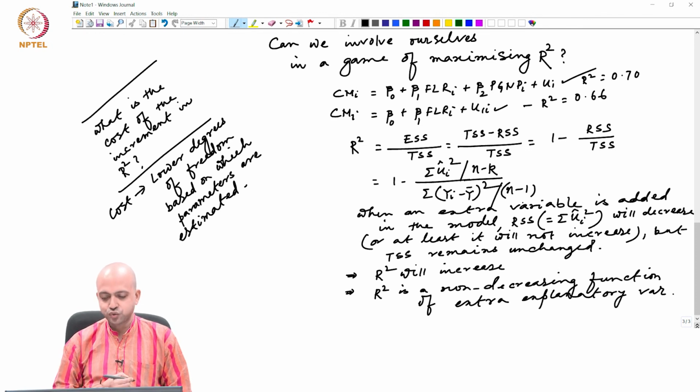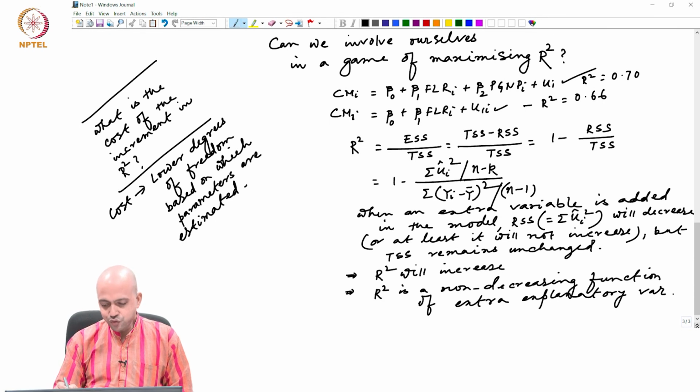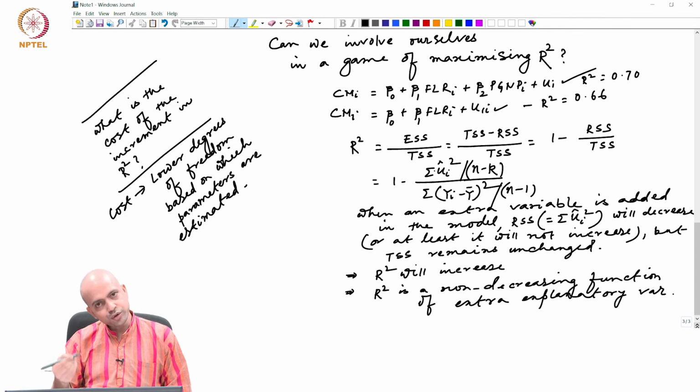This is n minus 1. Since the numerator involves n minus k, as you include more variables in the model, k will also increase, and as a result this numerator will also come down, R square will also come down.